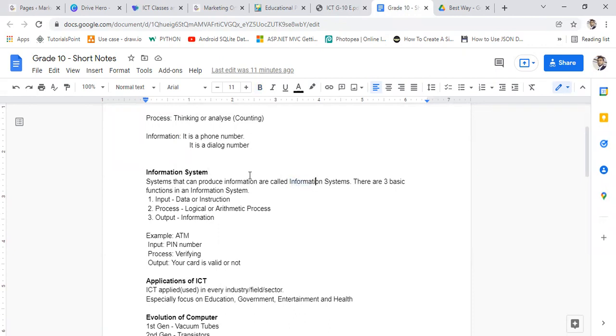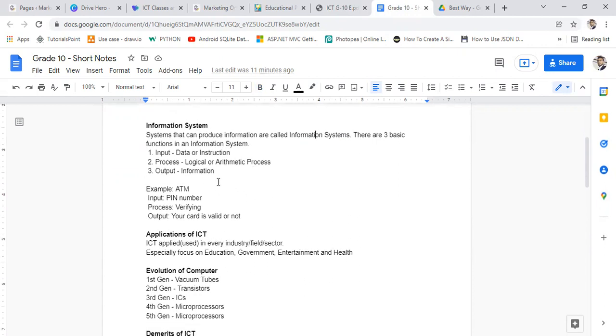Okay, so it will be working with data, processing the data, and giving information. So that's how any information system works. Input is a function of an information system, and that input can be data or instruction.